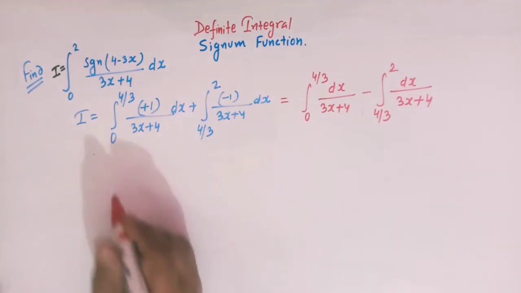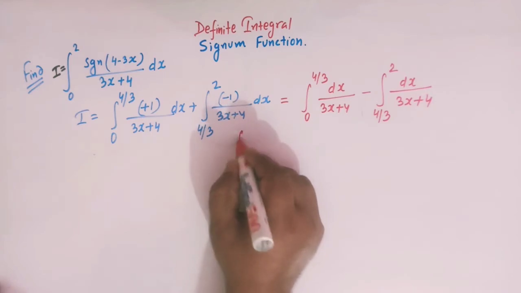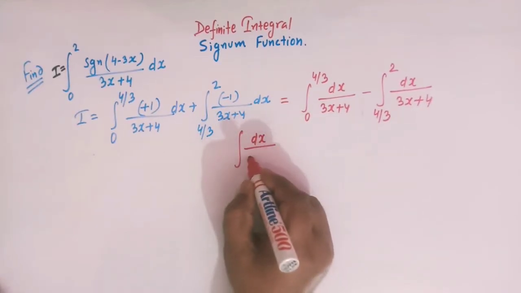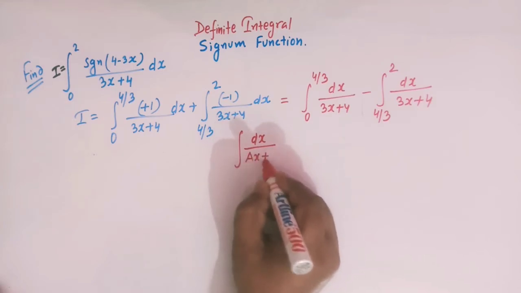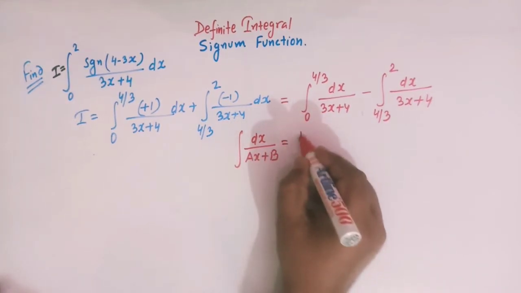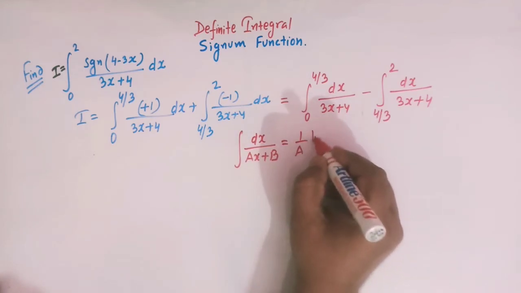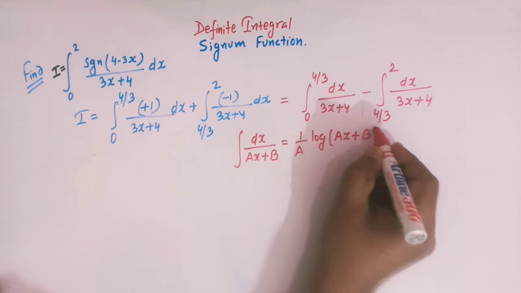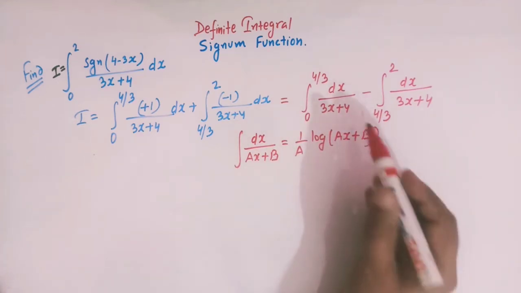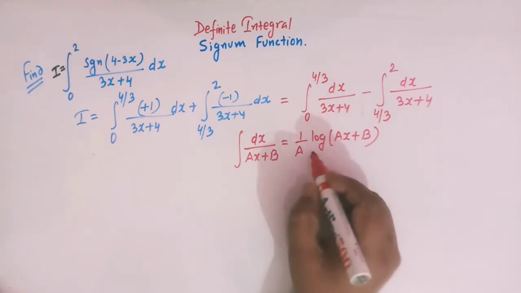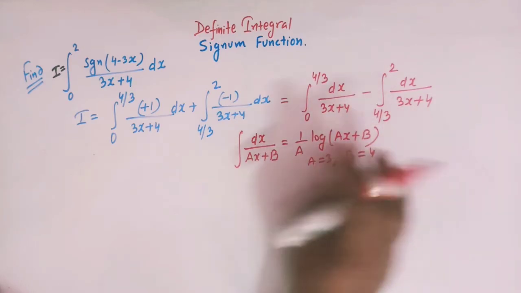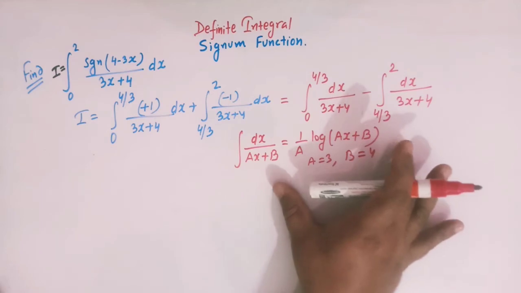And now we'll apply the rule which says that the integral of 1 over ax plus b is equal to 1 over a log of ax plus b, right? So this rule would be applied here. The value of a is 3 and b is 4. This is a standard result in indefinite integrals.